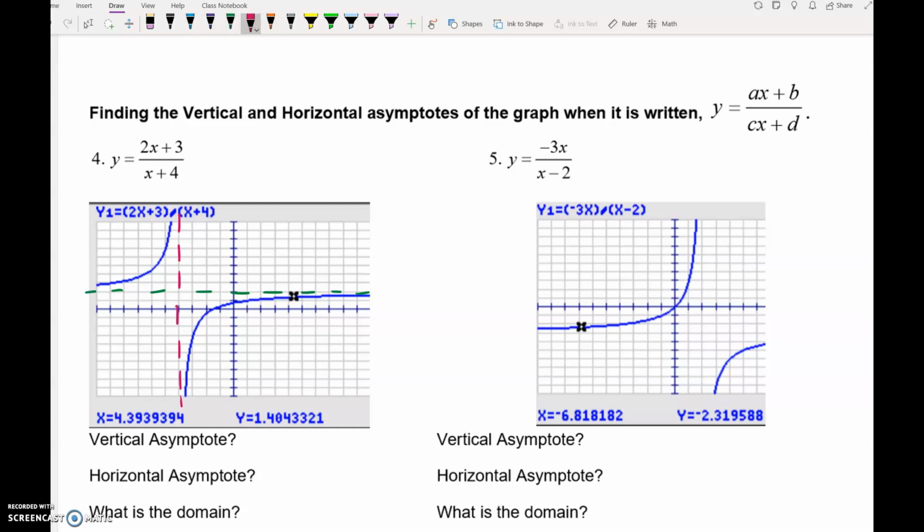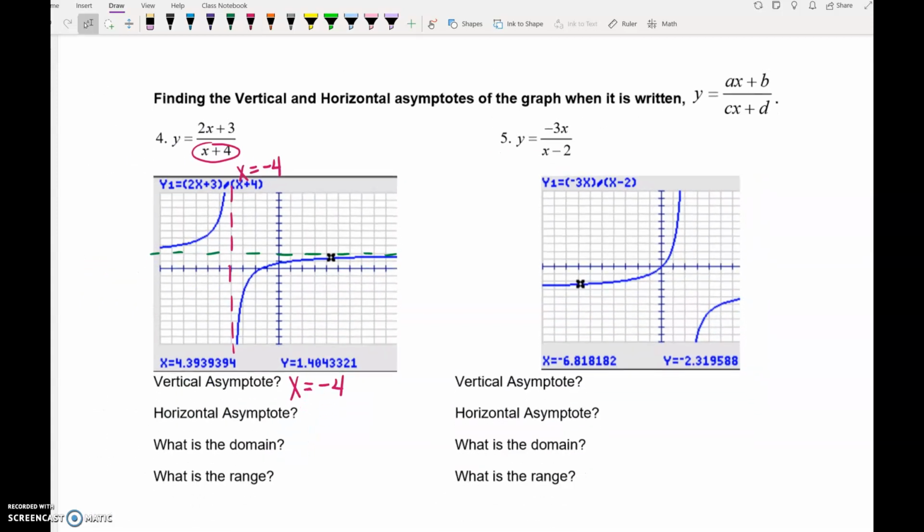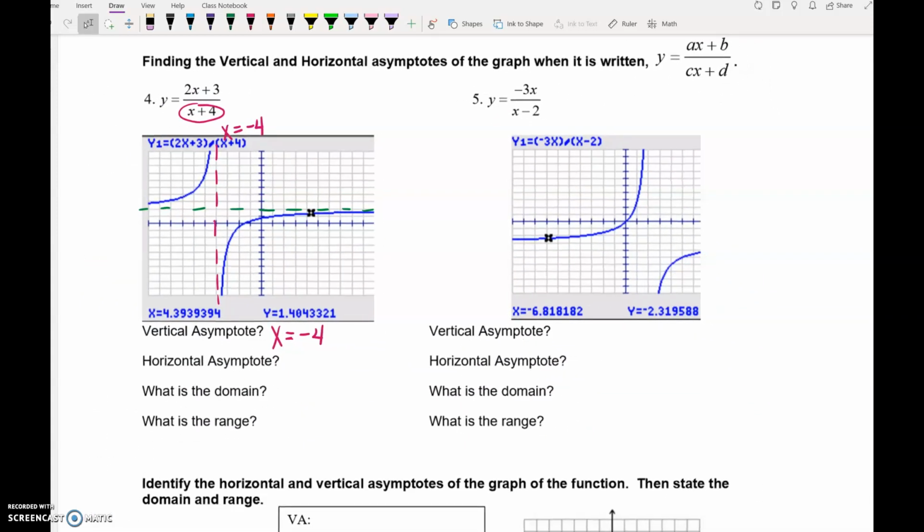So the vertical asymptote is x equals -4. Where does that -4 come from? It still comes from the bottom. So that at least is the same. We know that the vertical asymptote is where the bottom would be 0. So we know our domain is x can't equal -4.